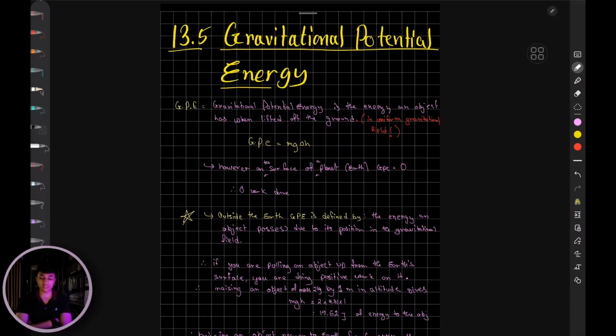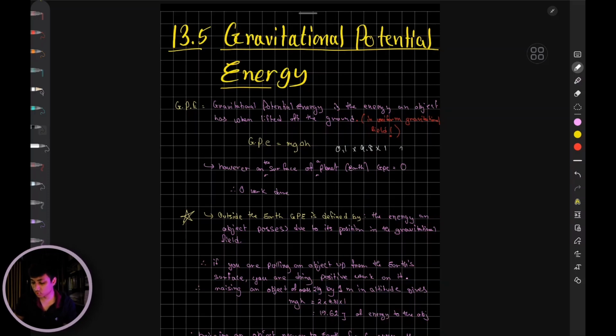Now, what we used to see is, let's say, this pen. I'm lifting this up to a distance of 1 meter. I am putting energy into the pen. And what we used to get is, after lifting it by 1 meter, it gains, let's say, 100 grams of mass, 0.1 kg, times gravity 9.81, times the height 1 meter.